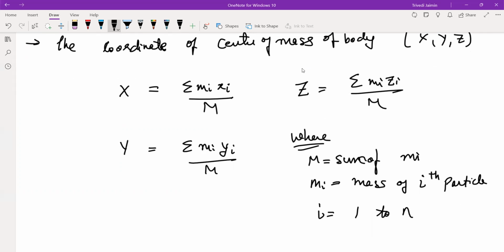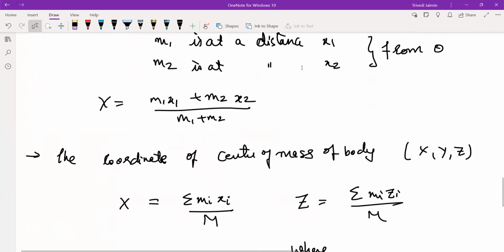Now again we got a new term, n. What is n now? n is a natural number. There is nothing new here. So in short, what we are doing here is making the sum of all m1, m2, m3 and so on.